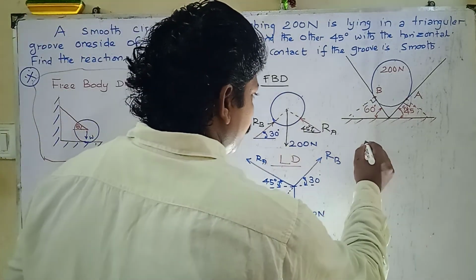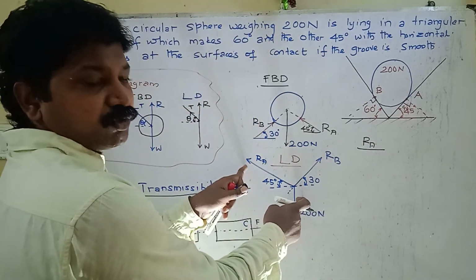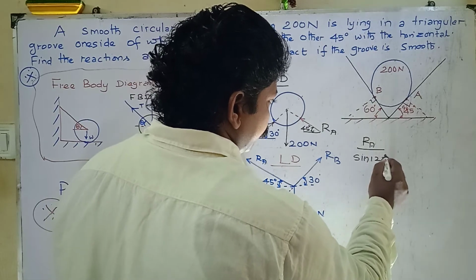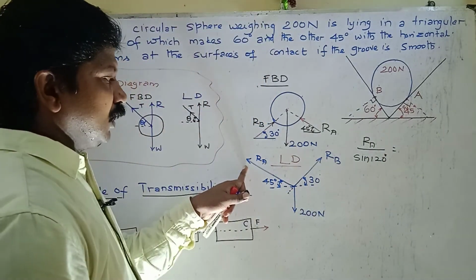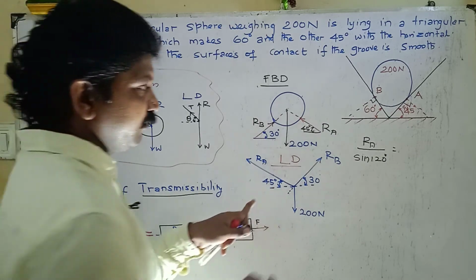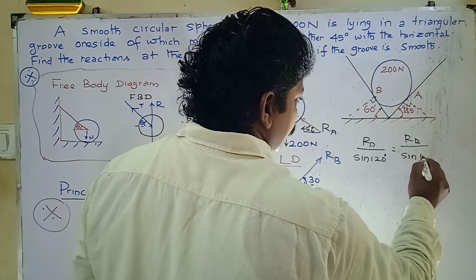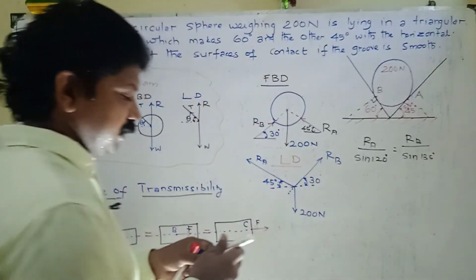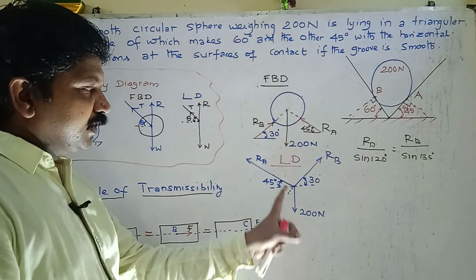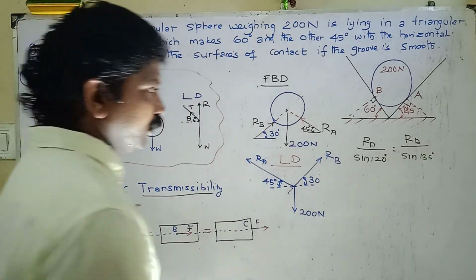So RA divided by the sine of the opposite angle, 90 plus 30, 120, sine 120, equals RB divided by sine of the opposite angle, 90 plus 45, 135, sine 135, equals 200 divided by sine of 180 minus 75, so 105, sine 105.